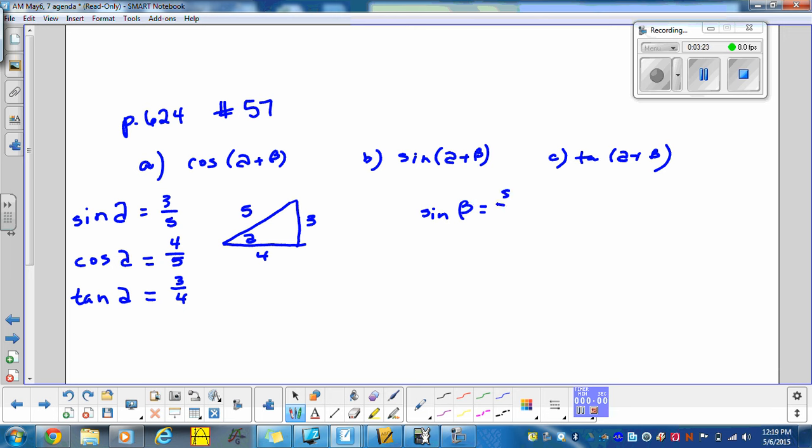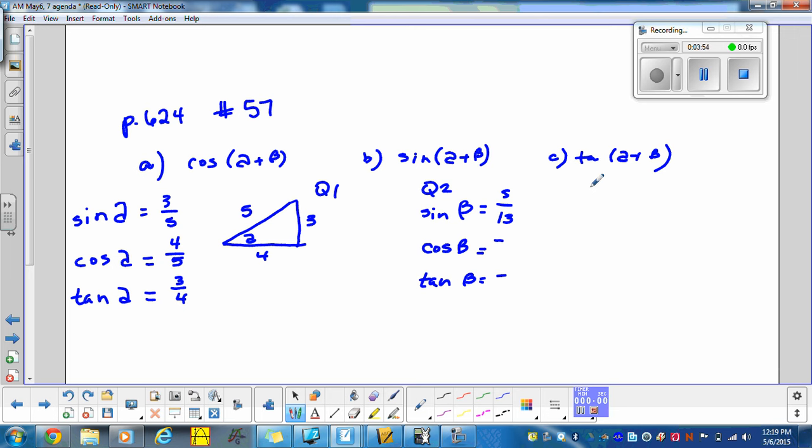But the thing that it tells us is that this is in quadrant 2, whereas alpha was in quadrant 1, where all of the trig functions are positive. The thing that you need to remember is that the only functions that are positive in quadrant 2 are sine and cosecant. So what that is telling you is that the cosine of beta will be negative, and that the tangent of beta will be negative.